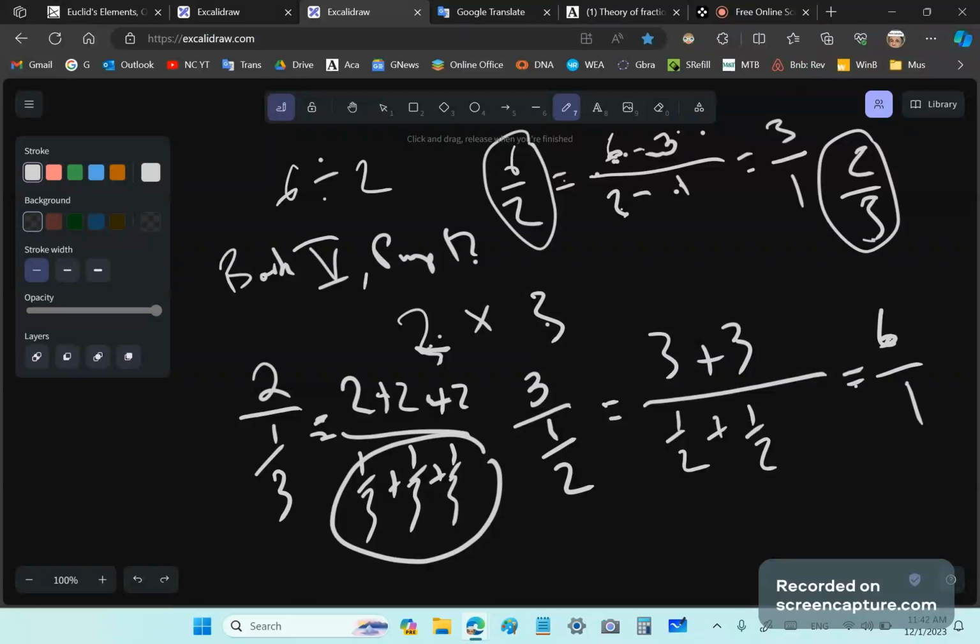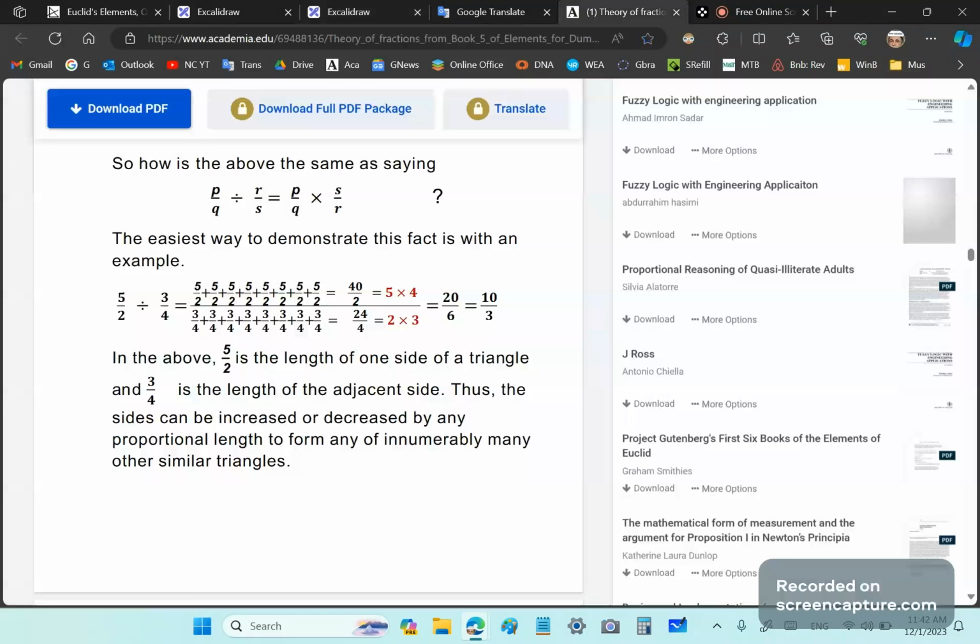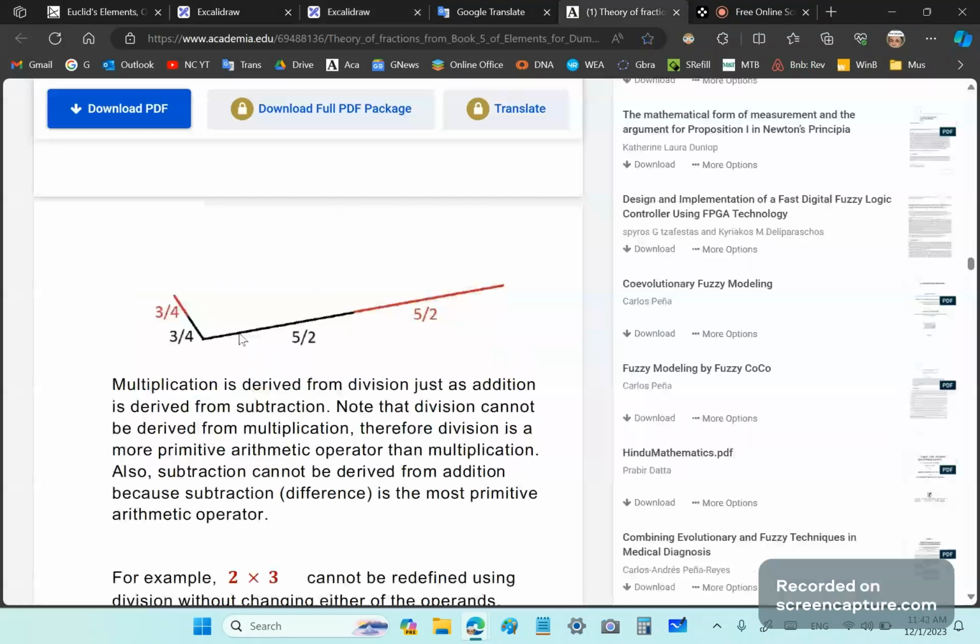And you don't change the method. So, for example, you don't say 2 times 3 is 2 groups of 3, or the crap that you were taught in mainstream, or 3 groups of 2. It's all done the same way, using similar triangles, like I show you over here. If you've got this proportion, 3/4 to 5/2, you can increase each side by the same amount or decrease it by the same amount.